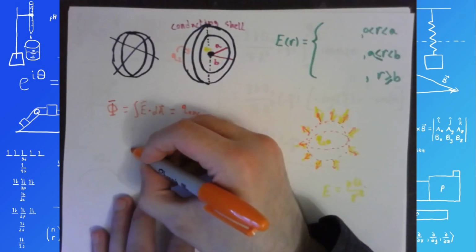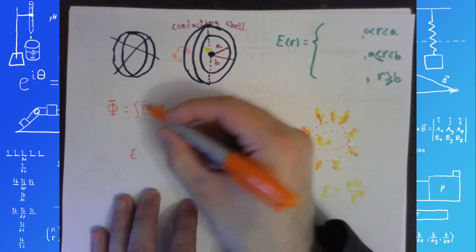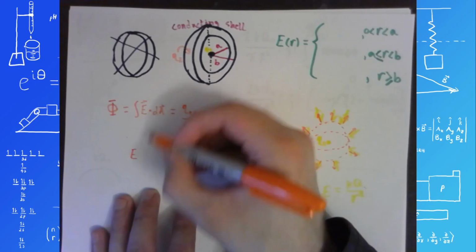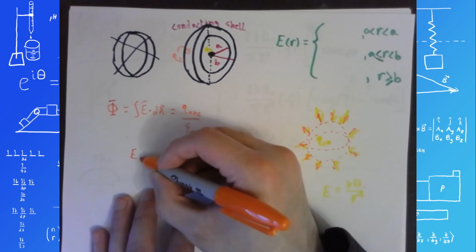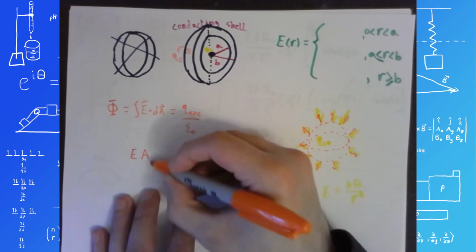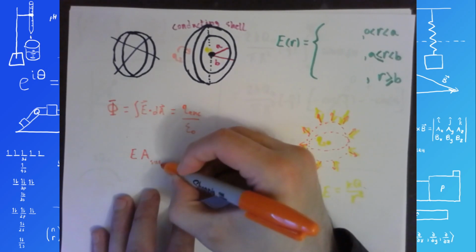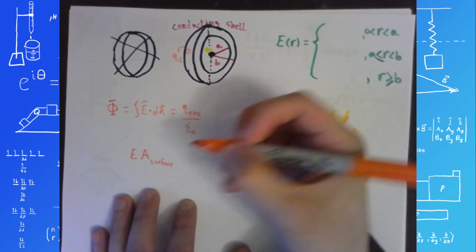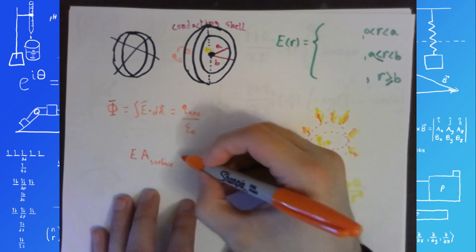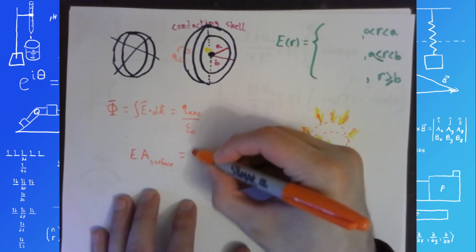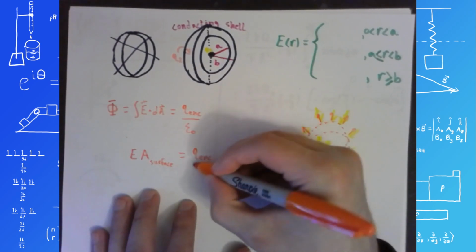Okay, so I'm just going to say E times the integral of dA is just A, so this is the surface area of the sphere, equals Q enclosed over epsilon naught.